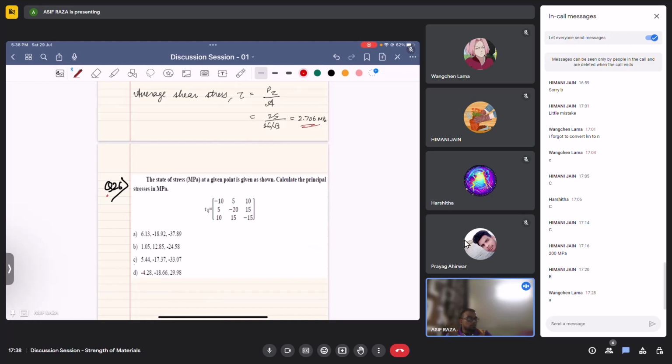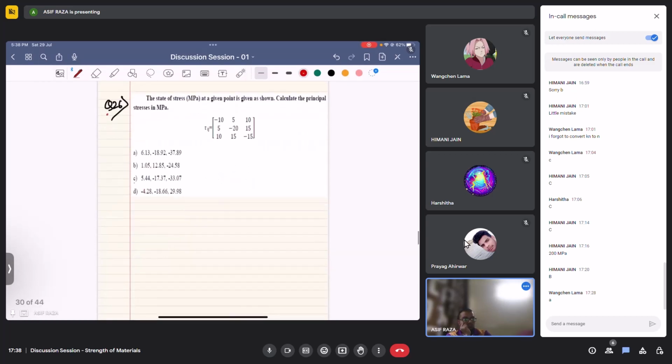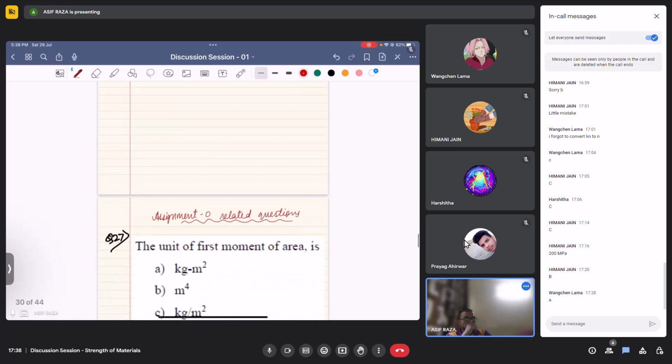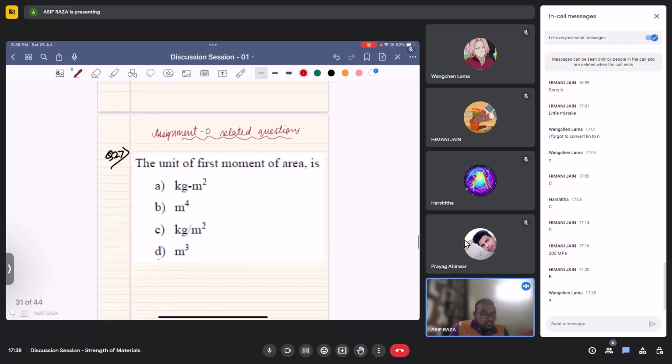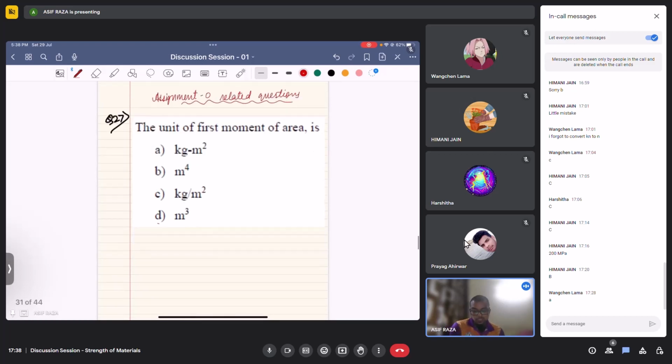You can use the invariance to solve the answer for this question. Now since we were trying to solve assignment 1 problems, let's again solve easy questions of assignment 0. We'll solve this quickly.